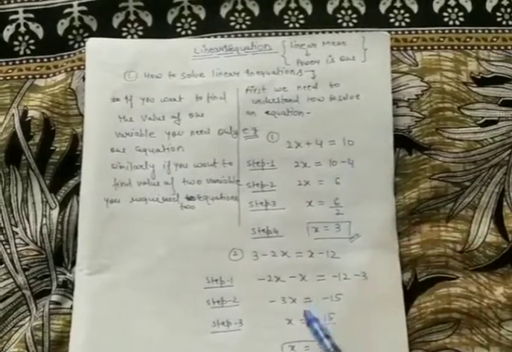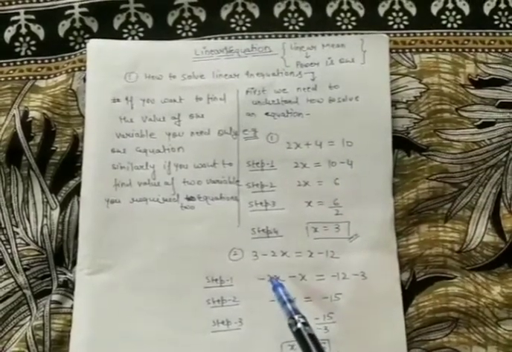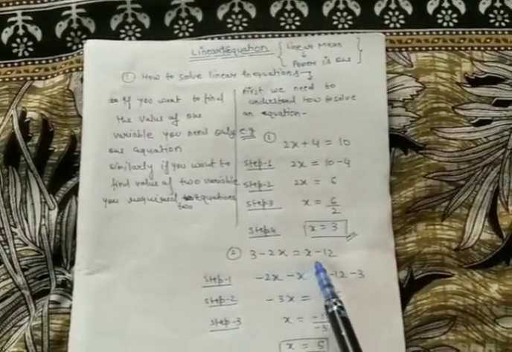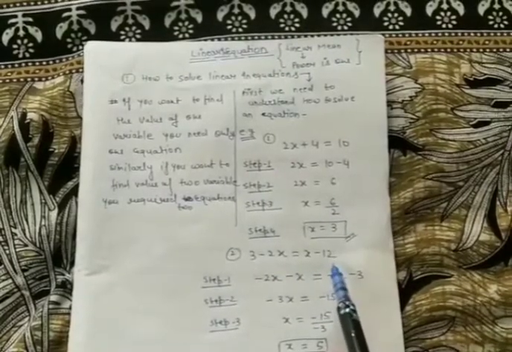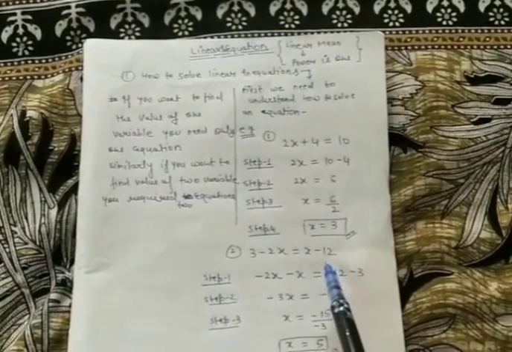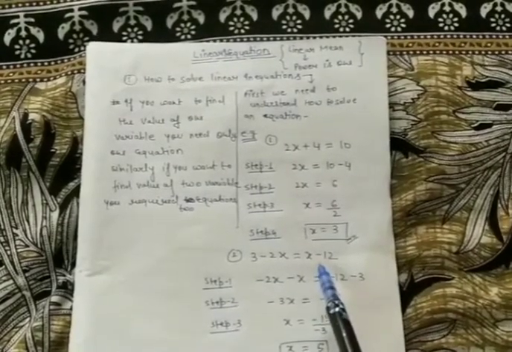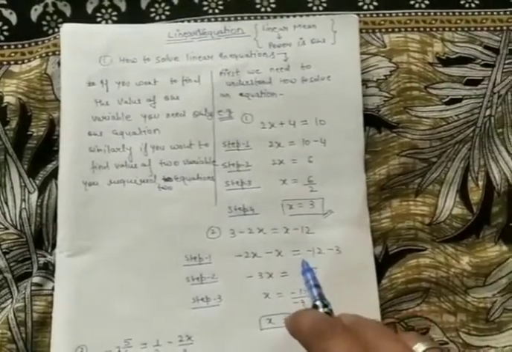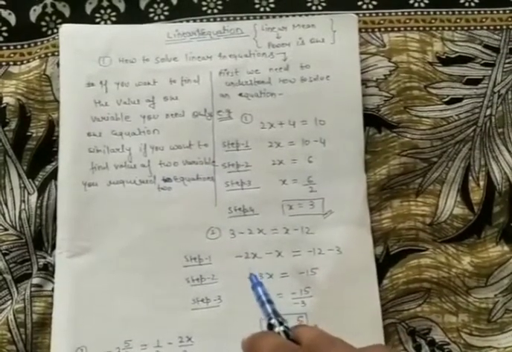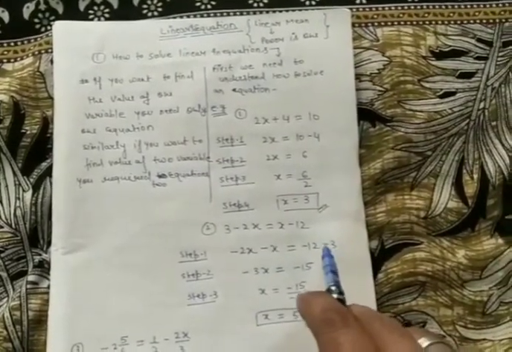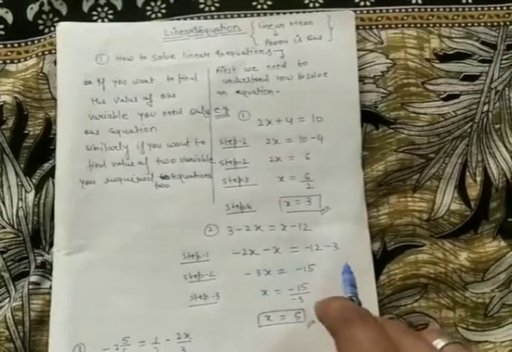Right, let's take another example. 3 - 2x = x - 12. So what do we need to do first? First of all, we need to collect all the variables on one side and all the constants on one side. Either it can be LHS or RHS.